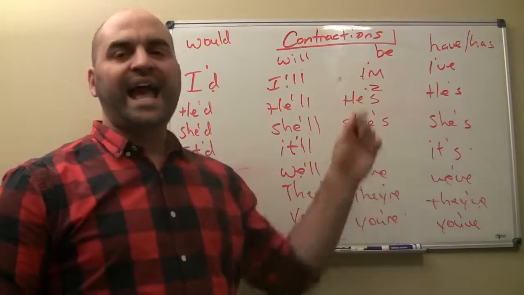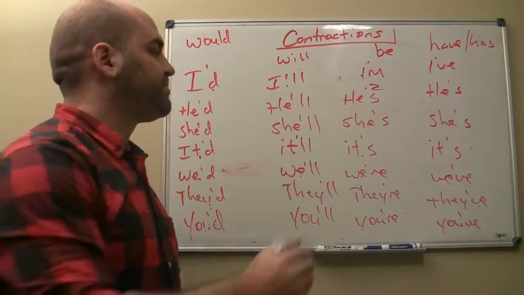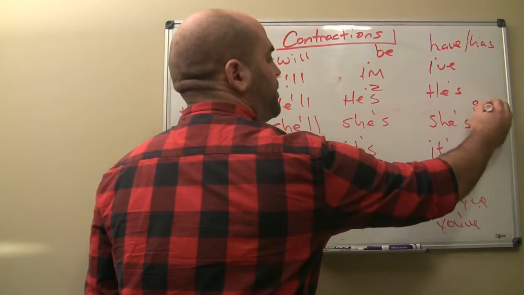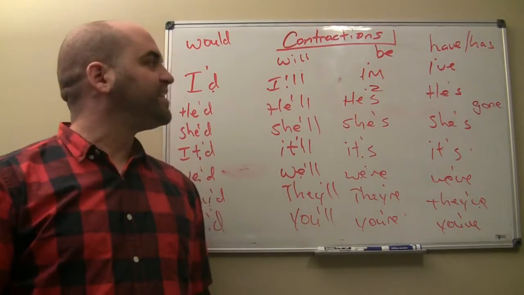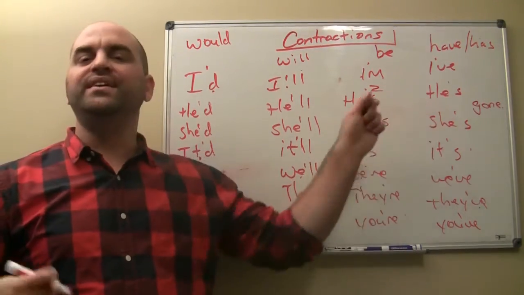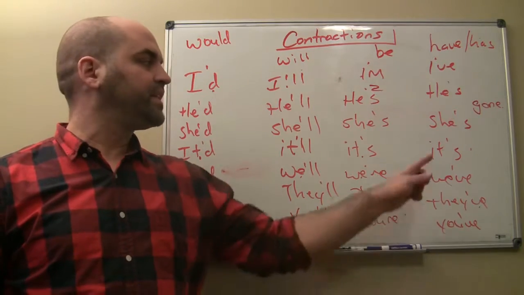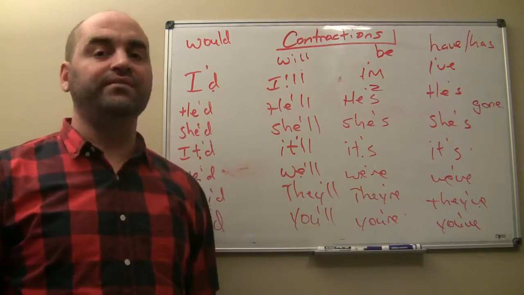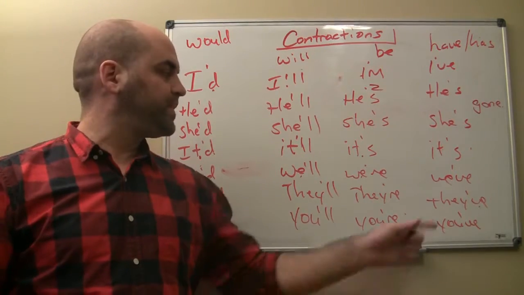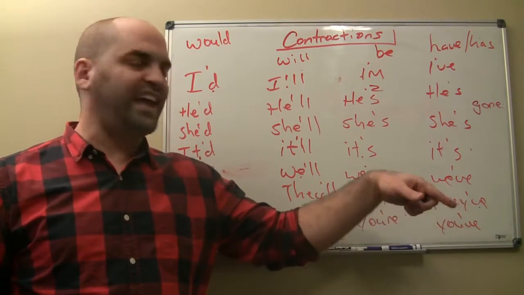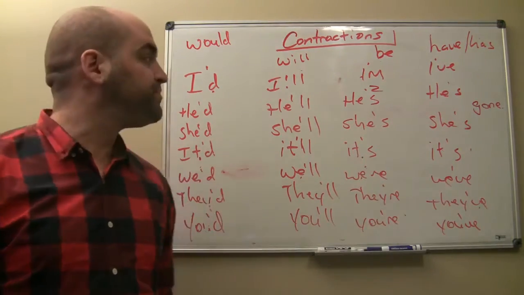So for example, I have, you're going to say I've. We're going to use gone. I've gone. He has or he's gone. She has, she's gone. It has, it's gone. We have, we've gone. They have, they've gone. And you have, you've gone.